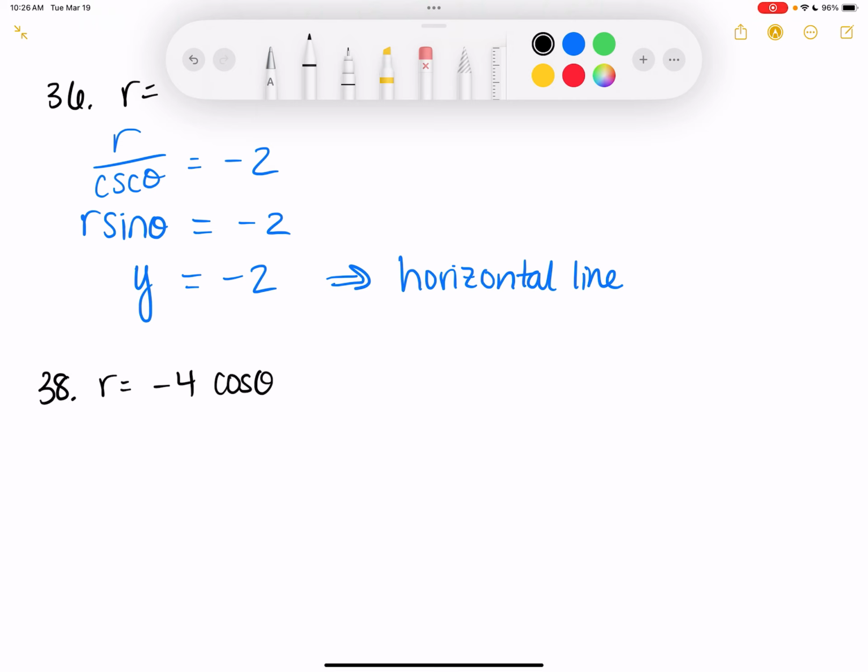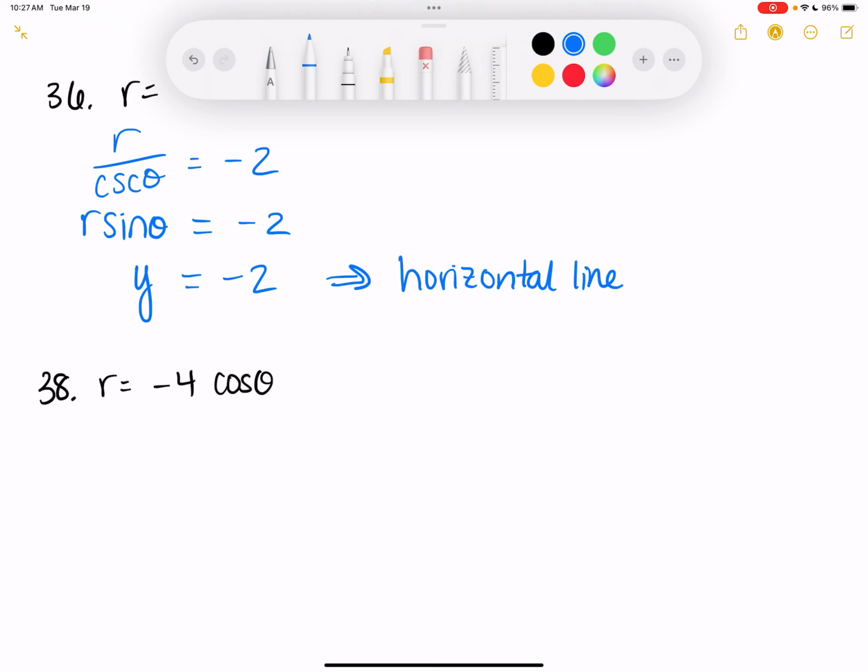Trying to get the invitations finished. Okay, so r divided by cosine theta, is that something that I know that I can convert to x or y? No. How about potentially if I multiply both sides by r? Go for it.